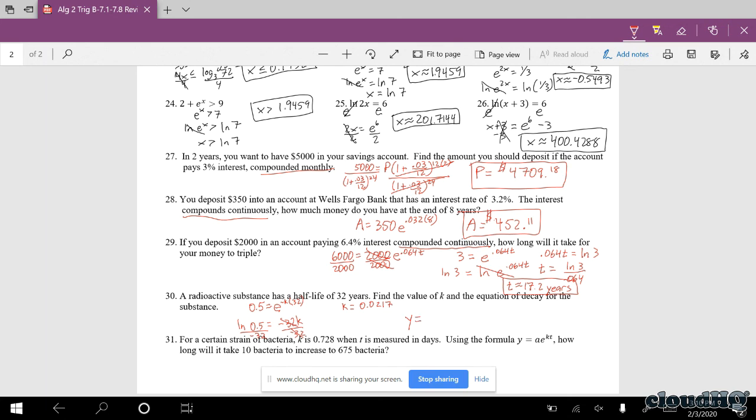Well, it'd be y equals A, whatever the initial amount is, times e to the negative K, so negative 0.0217. That was a messy zero there. I don't know how that was a zero. That's better. Times T for the number of time. There's our generic equation for any question using that radioactive substance.